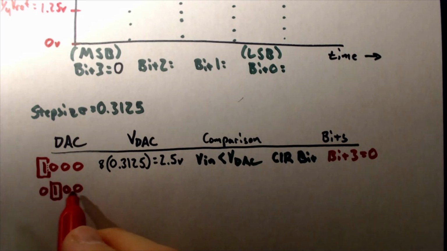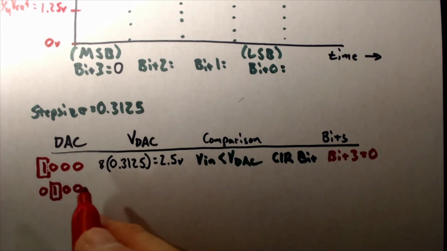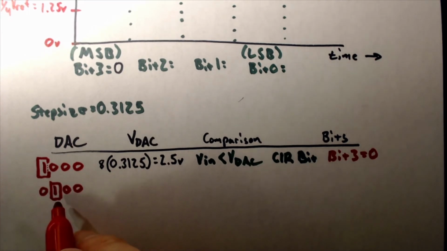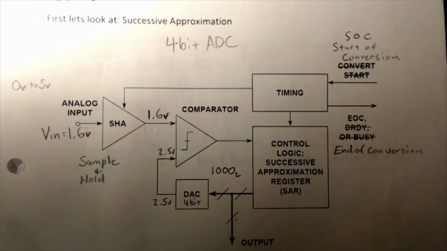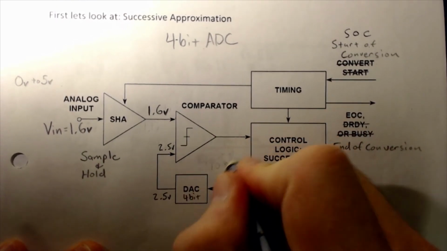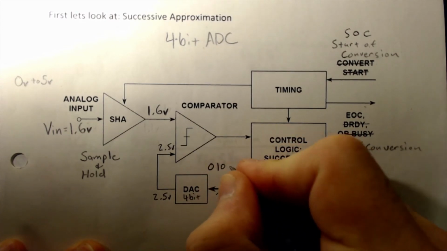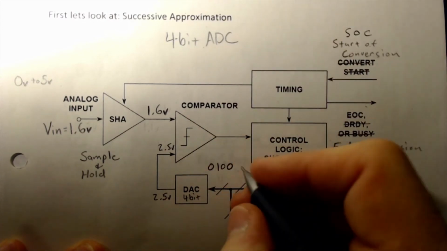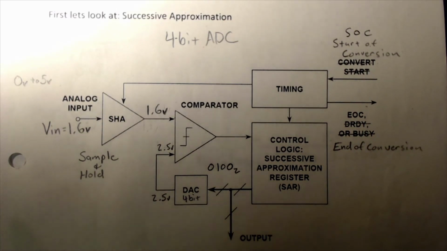All other bits are unchanged. Okay, so now we have 0, 1, 0, 0 feeding into this DAC. No longer is it 1, 0, 0, 0. It is 0, 1, 0, 0, base 2. Okay, so what's the voltage output from that DAC?